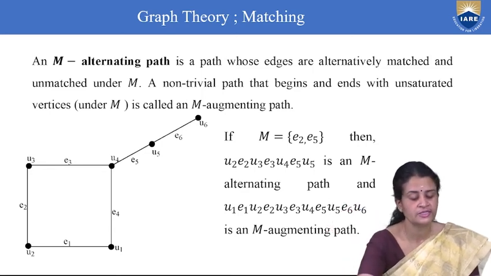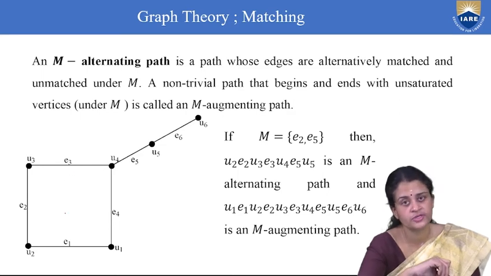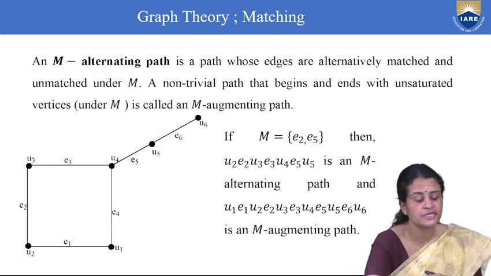So if we are taking this graph, here we have vertices U1 to U6 and edges E1 to E6. And we consider one matching, E2, E5. Where are this E2 and E5?